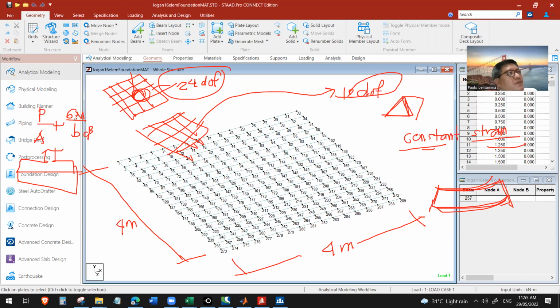And hindi ko yata napakita doon sa recorded lecture na I was able to check the base pressure. Kasi, ganun din sa FEM, you should have a prior knowledge for the possible result bago mo i-FEM.